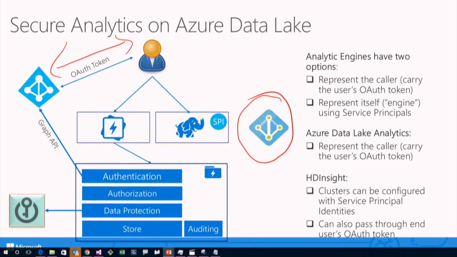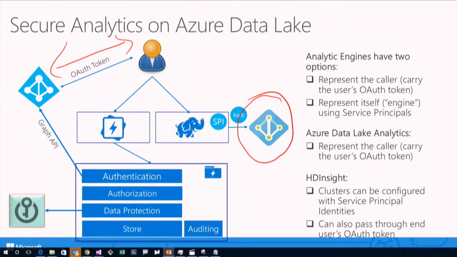And essentially, the Hadoop or Spark environments then talk to this ADDS environment to get a corresponding Kerberos ticket for your OAuth token. Now again, the question arises whether this Hadoop or Spark environment represents itself as a service principal identity, or does it pass the OAuth token of the user to the data lake store?